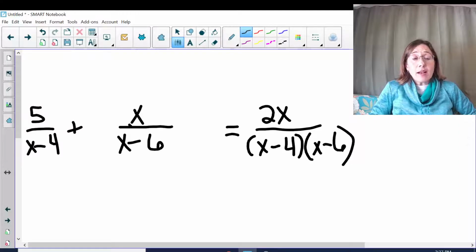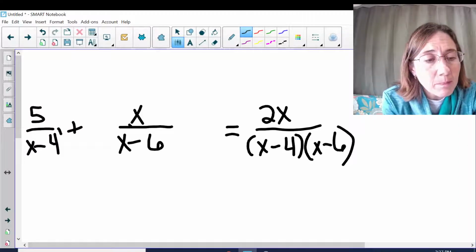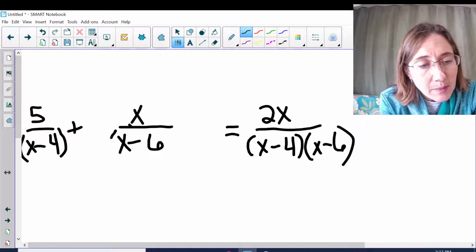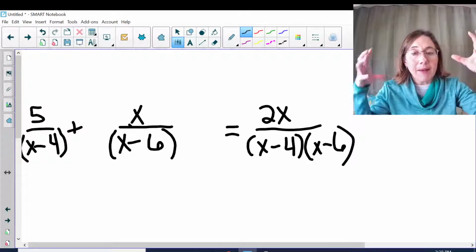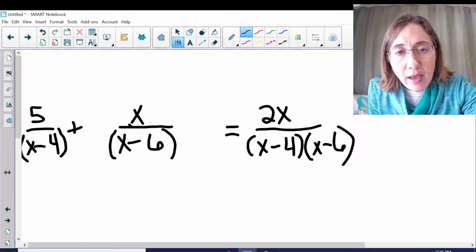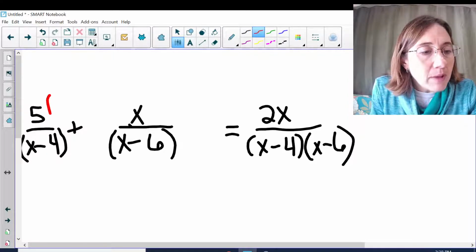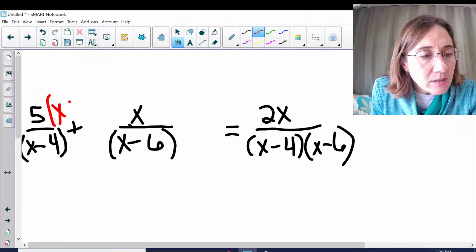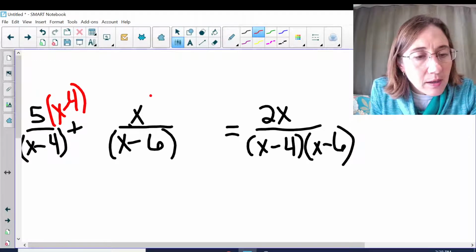My first denominator has an x minus 4. I'm going to put these other two denominators in parentheses so I can think of them as a binomial. So I'm going to, how about red, multiply each of these fractions by an x minus 4.